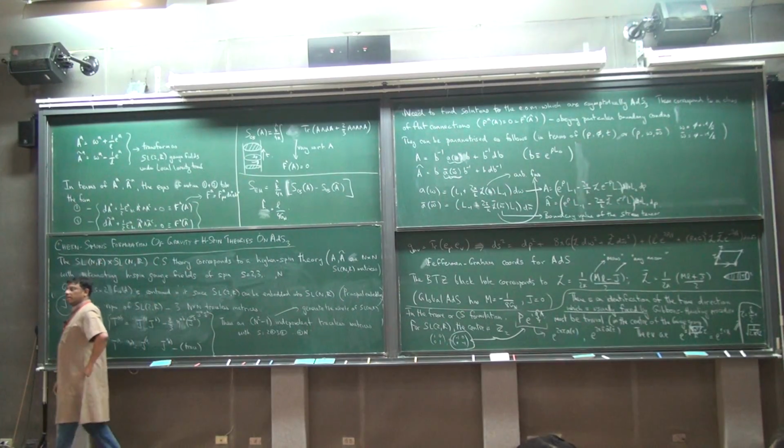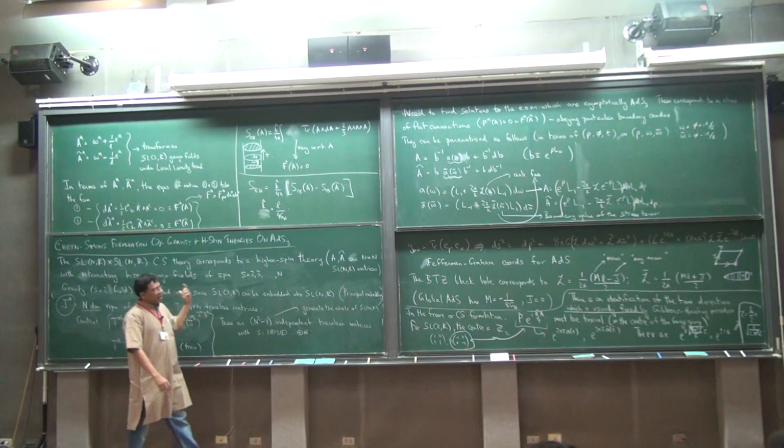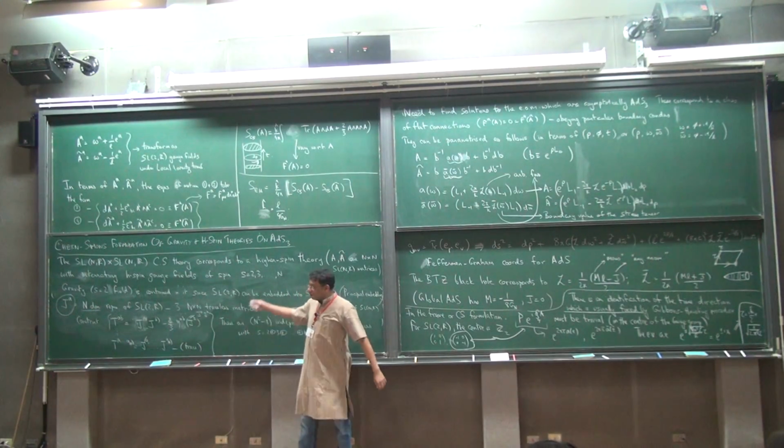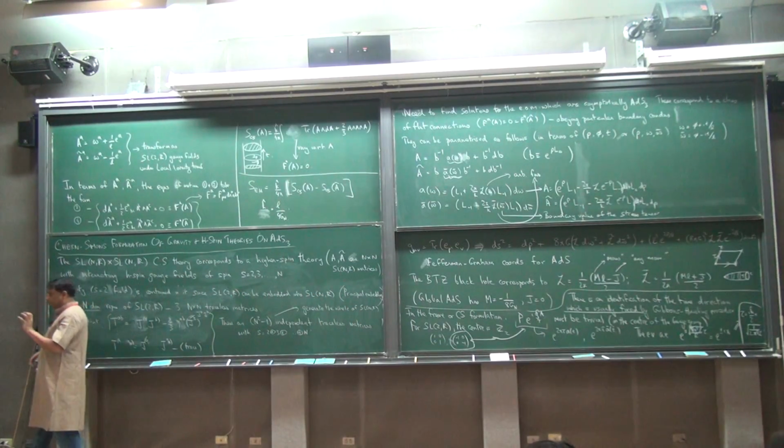High spin: we believe that high spin theory is a tensionless limit of a string theory. How to prove this here in 3 dimensions? In 3 dimensions, you can embed some of these theories, not these SLN R theories, but the more general Vasiliev theories.